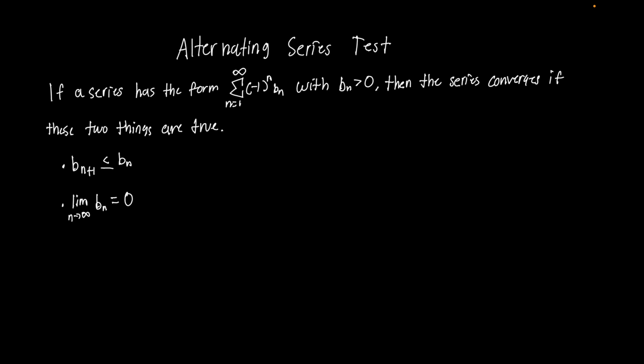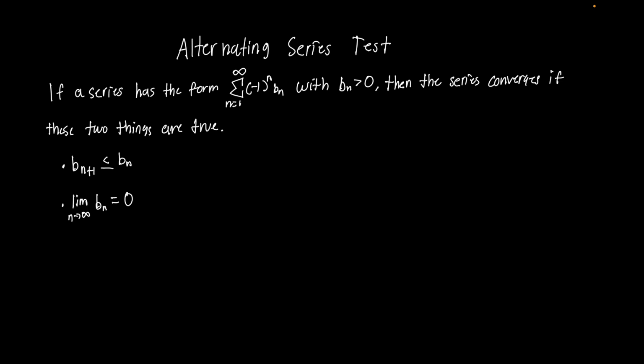So now let's look at the alternating series test. If a series has the form negative 1 to the n, or negative 1 to the n minus 1, times b sub n, like we saw earlier, with b sub n greater than 0, which basically means it's positive, then the series converges if these two things are true.